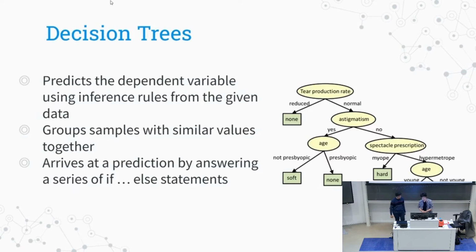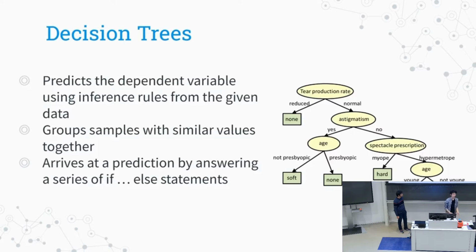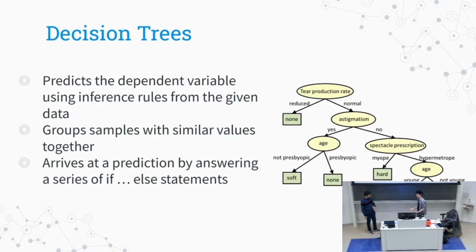They predict values based on if-else questions. So if this, then we go that side. If not, then we go to the other side. This can be used for categorical data as well as for continuous data.